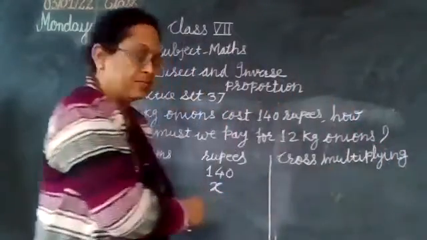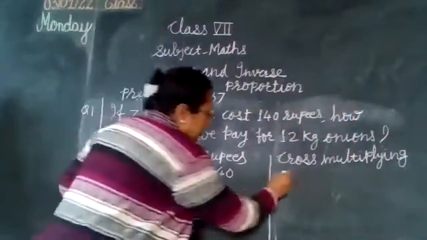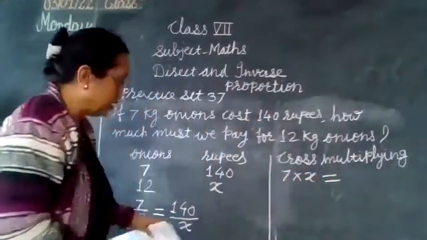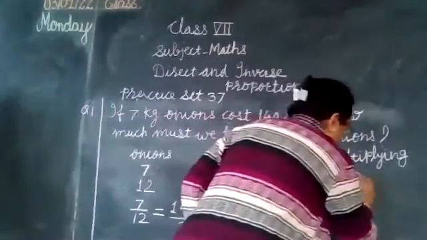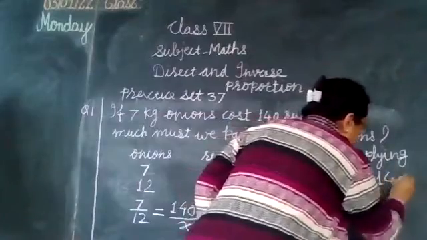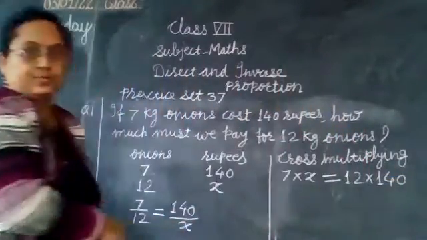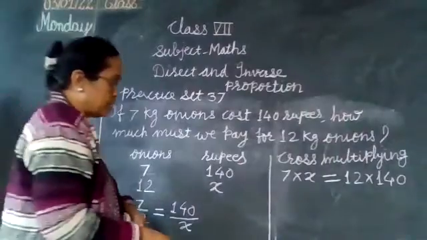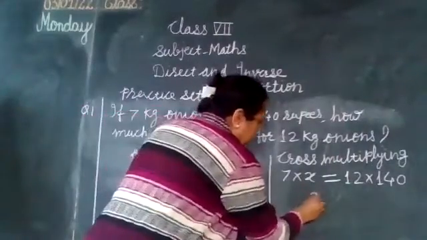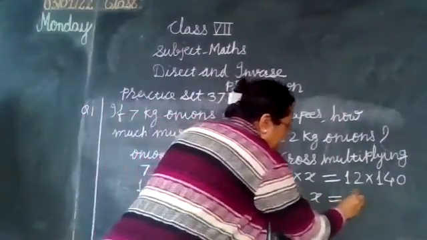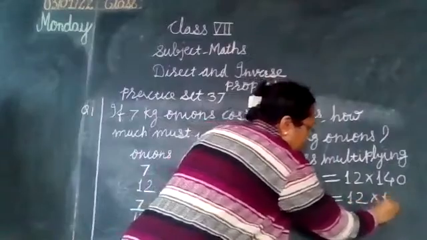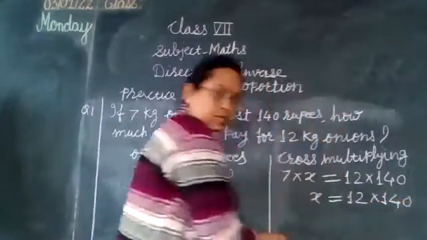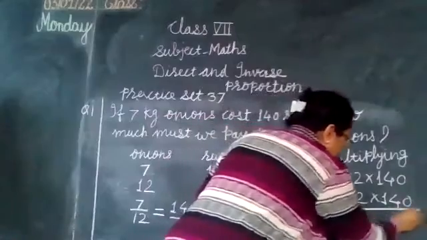Cross multiplying, we will get 7 into X equal to 12 into 140. Now for finding X, we will transfer this 7 to that side. That means X will be equal to 12 into 140 upon 7.